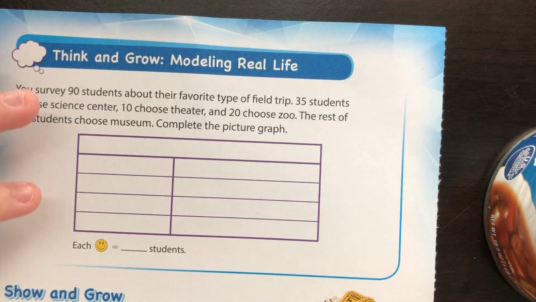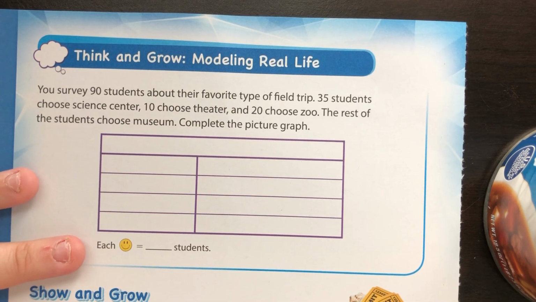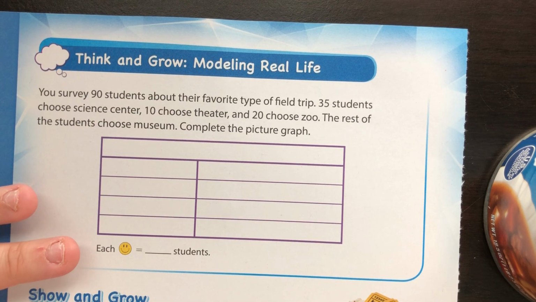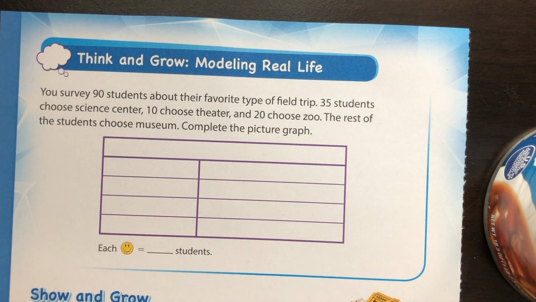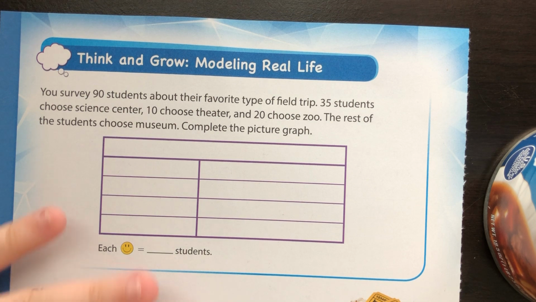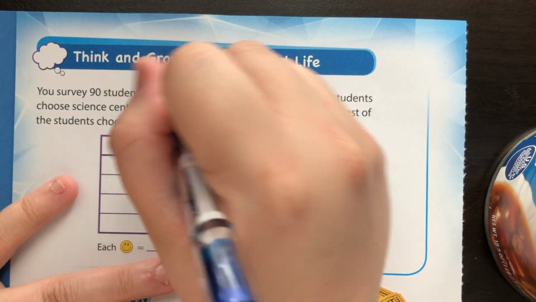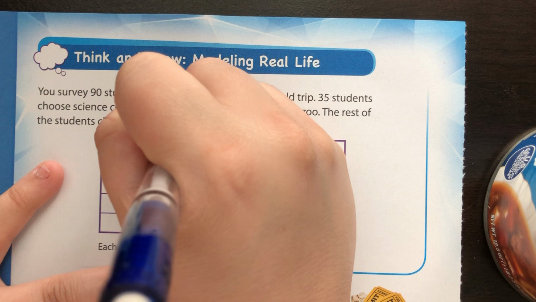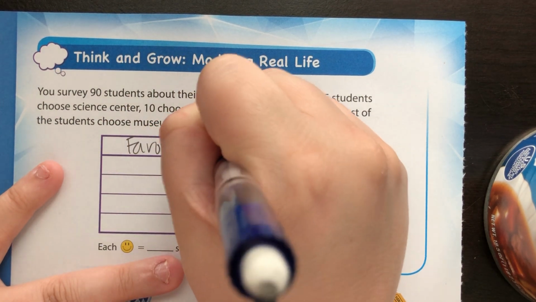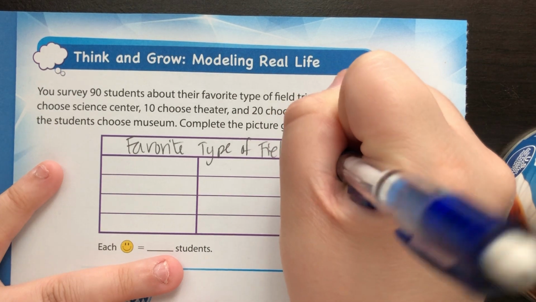Okay, last page. We have 2 problems here. You survey 90 students about their favorite type of field trip. 35 students chose the Science Center, 10 chose the theater, and 20 chose the zoo. The rest of the students chose museum. Complete the picture graph. So the title is favorite type of field trip.